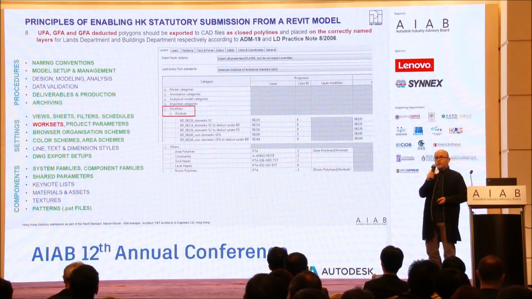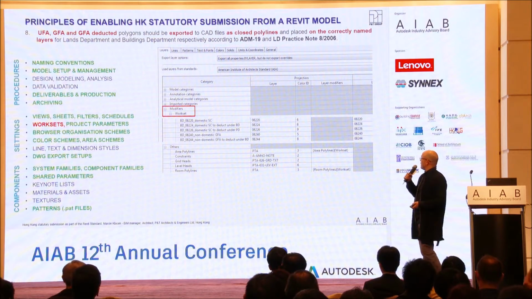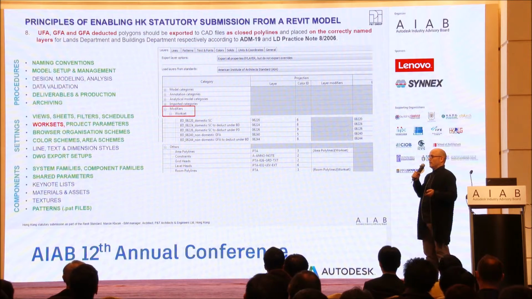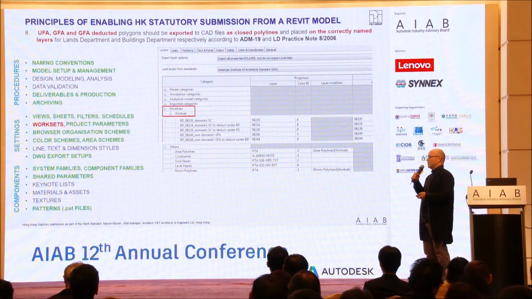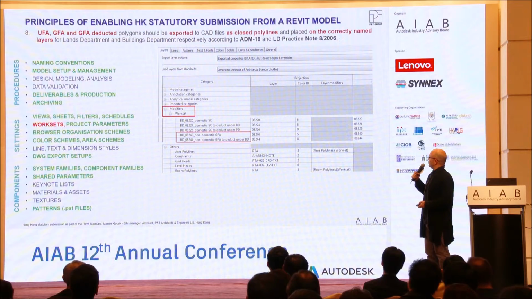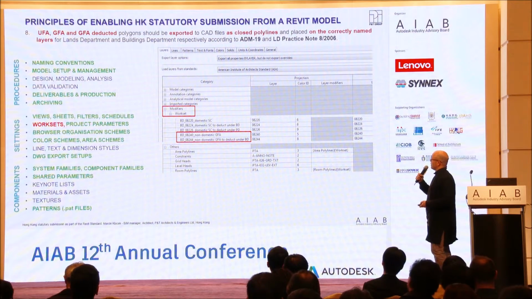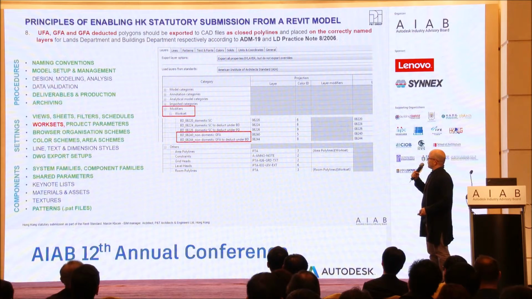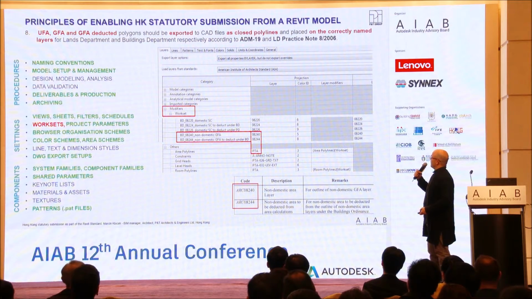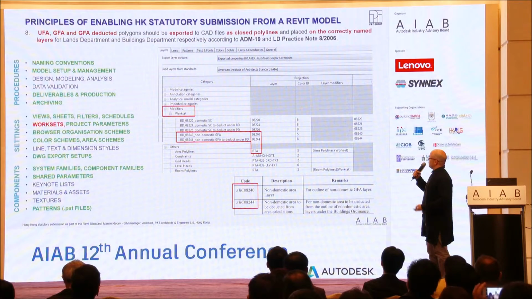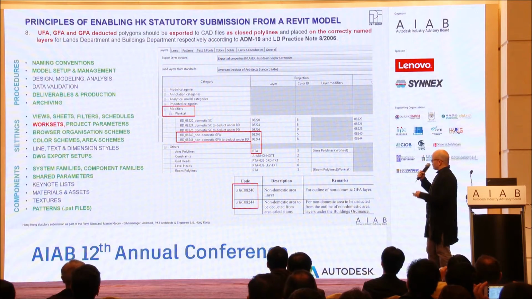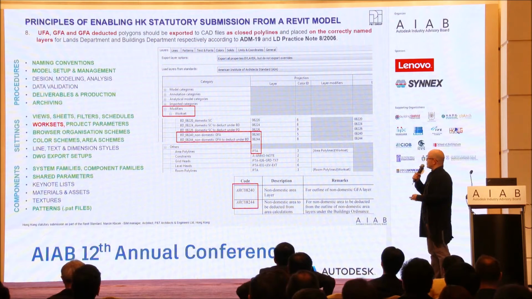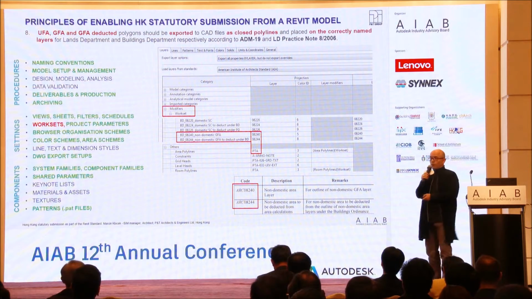Worksets can be used as modifiers in DWG setups, and then by placing respective types of GFA area plans or rooms on respective worksets, which are named just like in this last frame, we can place them on the correctly named layers when exported to DWG, as per statutory requirements.